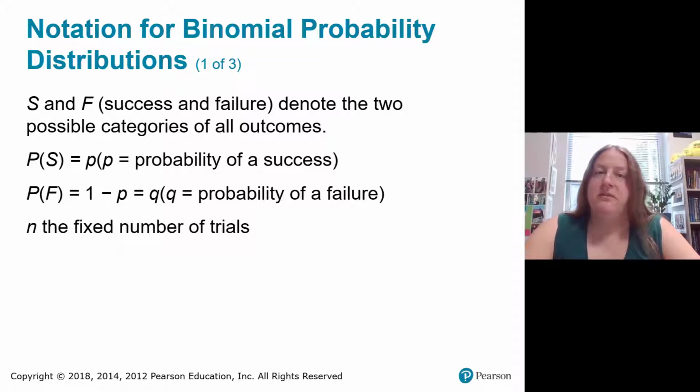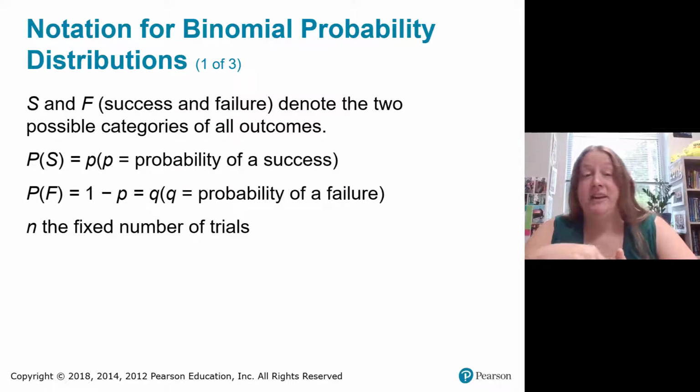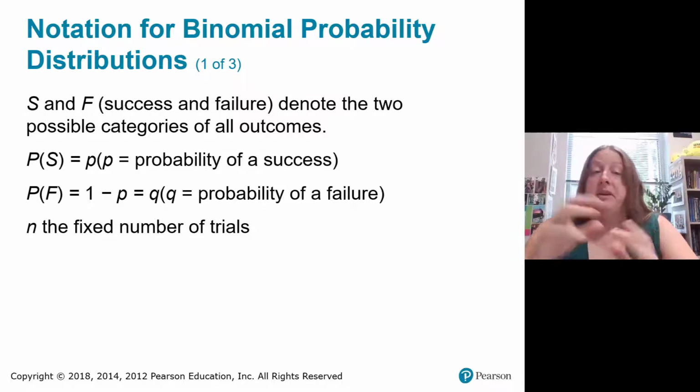So as always, we've got some notation that's going to go with this stuff. So the notation for binomial distributions, we're going to use a capital S and a capital F for success and failure, right? We'll use the capital P for probability, so the probability of S, P(S), is going to be a lowercase p.